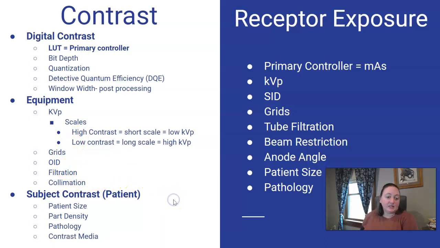And then it could be asking me about how patient size, density, pathology, contrast media have an effect on my subject contrast. So just watch the terminology, because I think that's important when reading your question, make sure you know what it's asking you and look for those keywords.